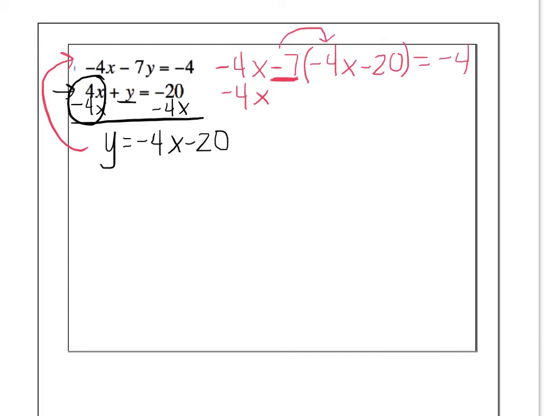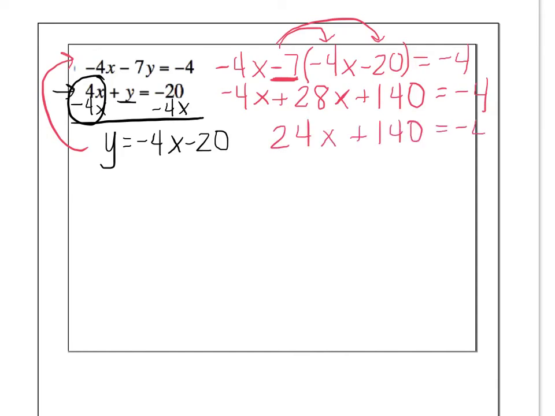So negative 7 times negative 4x is going to give us a positive 28x. And negative 7 times negative 20 would give us a positive 140. So equaling negative 4. Negative 4x plus 28x is going to give us 24x plus 140 equaling negative 4.